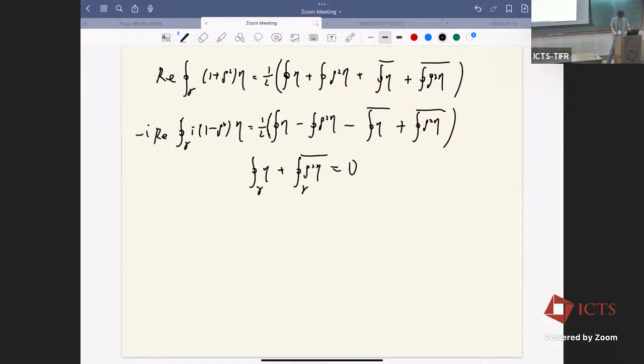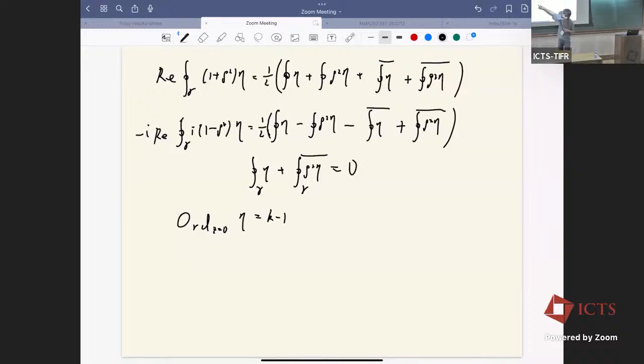And so now let's check the order of eta and g squared eta. The order of eta at z equal 0, this is just computation, is k plus 1.